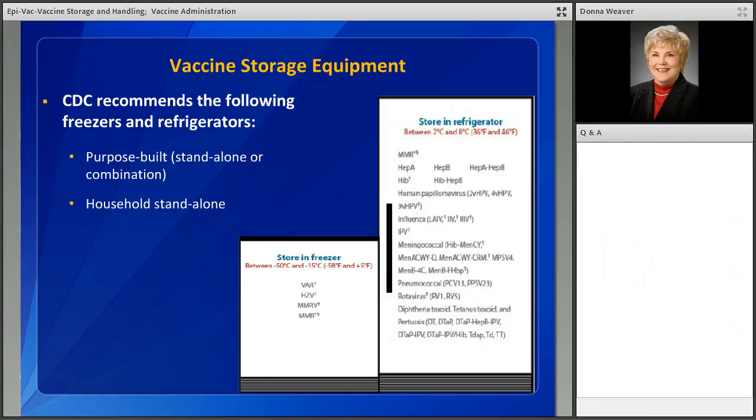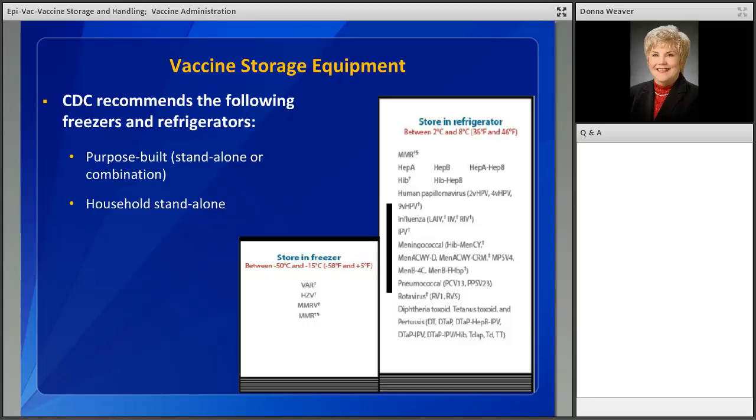In addition to well-trained staff, you need the appropriate equipment. CDC recommends using purpose-built units designed to either refrigerate or freeze. A secondary option is a standalone household unit. Now, we know from studies that have been done that these units are the best at maintaining the required temperature ranges for vaccines.